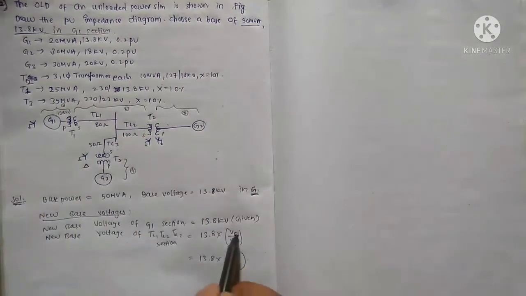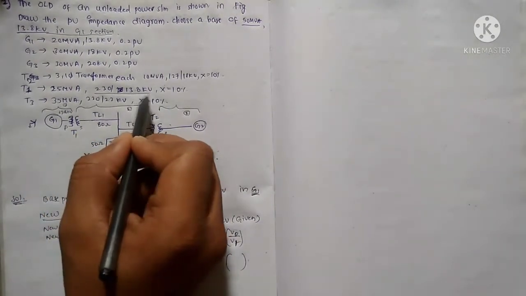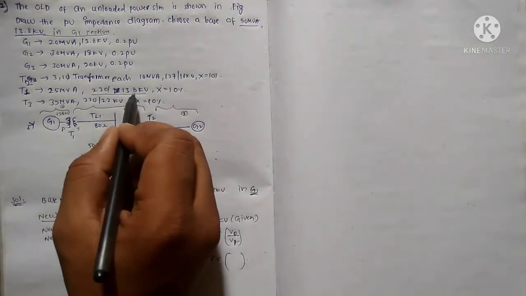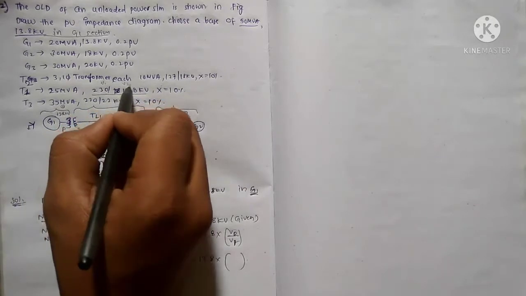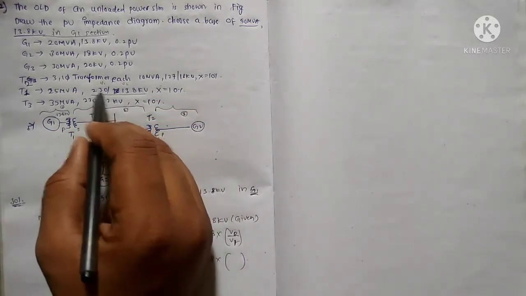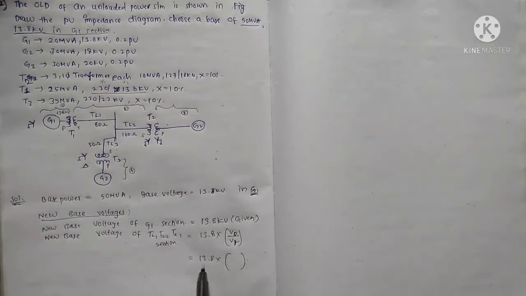According to the formula, V2 by V1. In the question they will not specify primary or secondary voltages; we need to decide what is primary and what is secondary according to our form.